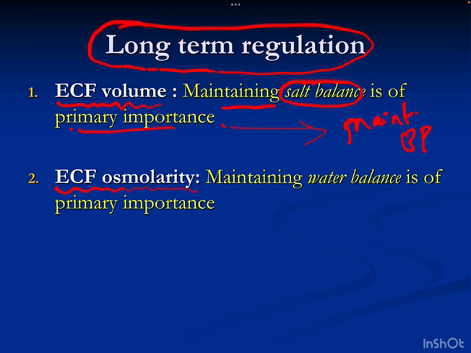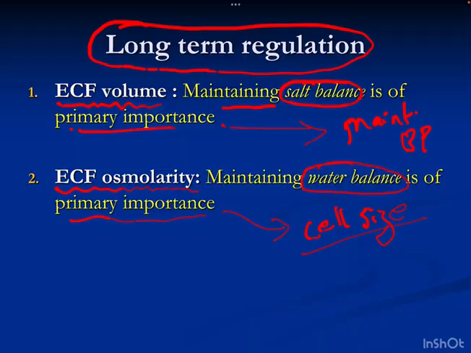While in the extracellular fluid osmolarity, the main objective is to maintain the water balance, which is of primary importance, and it is mainly required for the control of cell size and cell volume.